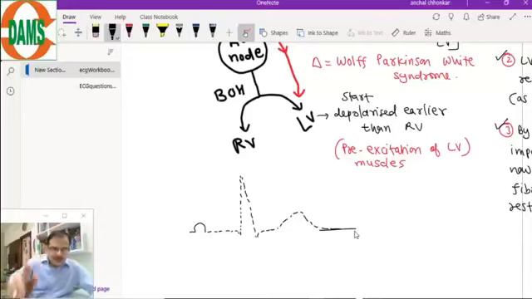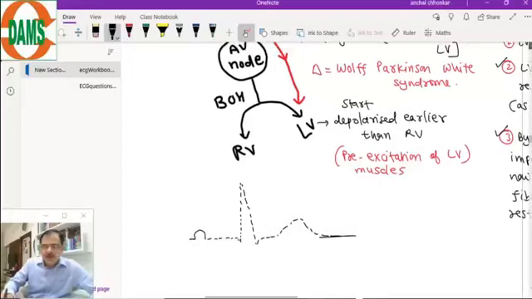So I will take the color coding from above.